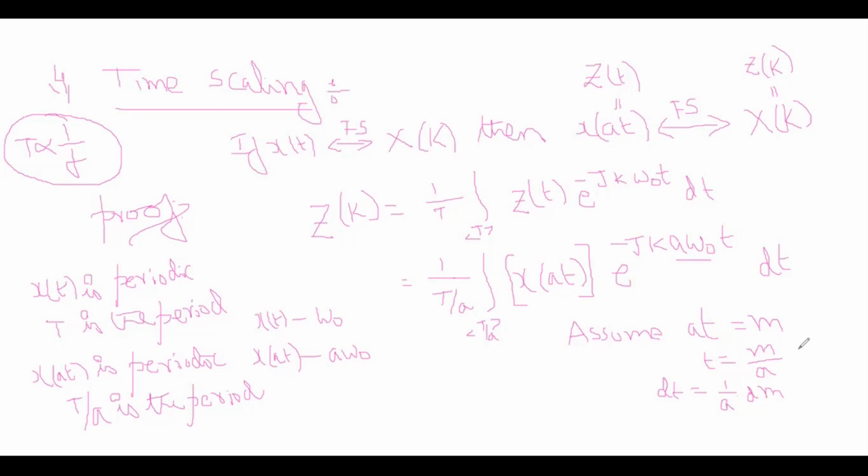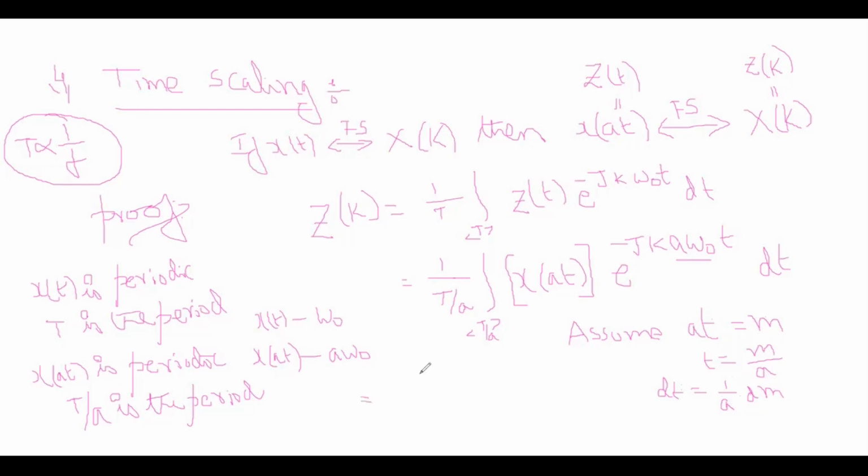Don't get confused here. Applying the derivative, we get dt equal to, because t is a constant and a into dt, and m is also the variable, so dm. I cross multiply the a as 1 by a into dm.